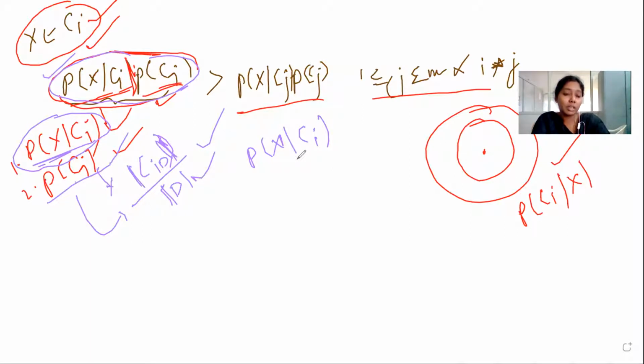That depends on the number of attributes we have for the tuple. So the complexity of calculating P of X by Ci depends on the number of attributes that a tuple has. For example, if the tuple is taken from the student database, how many possible attributes do we have?